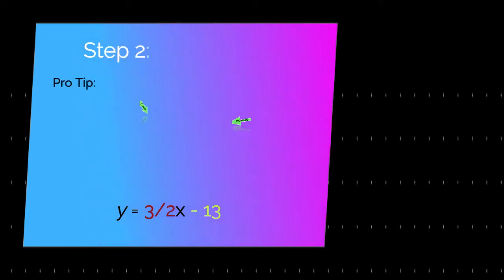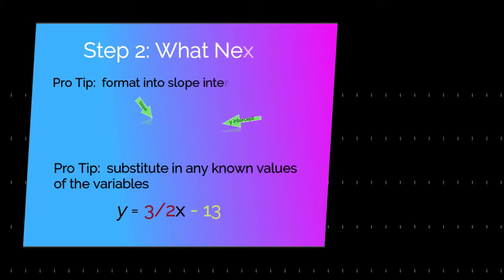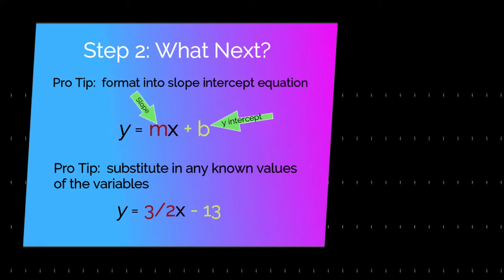So our second step now is going to be focusing on that y equals mx plus b format. First thing we have to do is take the equation and put it into that form. Just as a reminder, your m is where your slope is located, your b is your y-intercept. Did they try to confuse you by using b as a variable later on in the question?